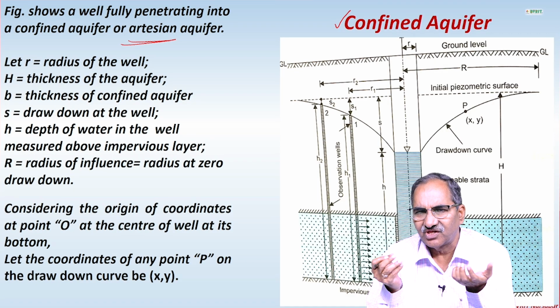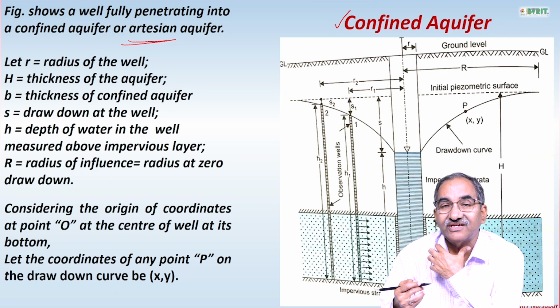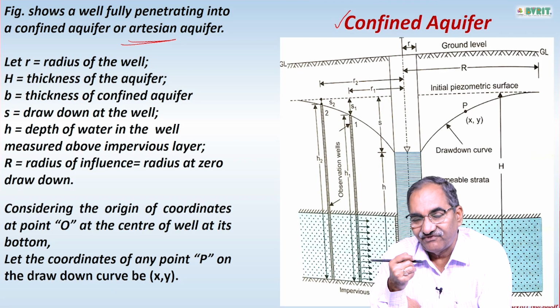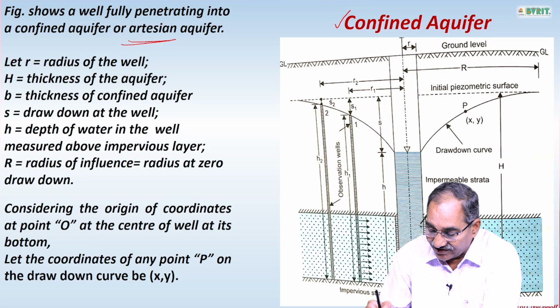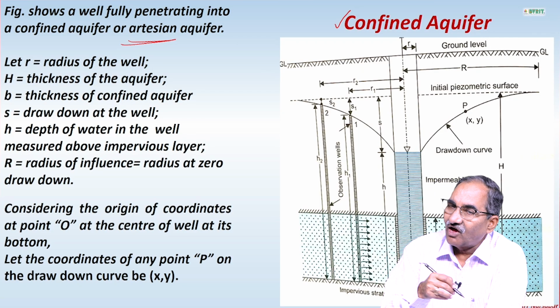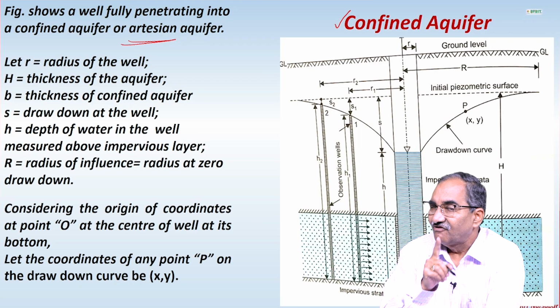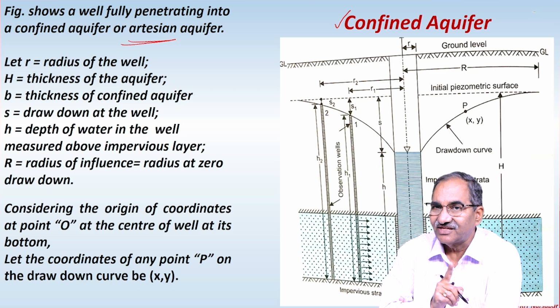Both are the same. How to get a relation or an equation for the yield of a well which is dug into a confined aquifer? That is the question. Last time we derived the same thing for an unconfined aquifer, but in today's class let us discuss the same for the case of a confined aquifer.